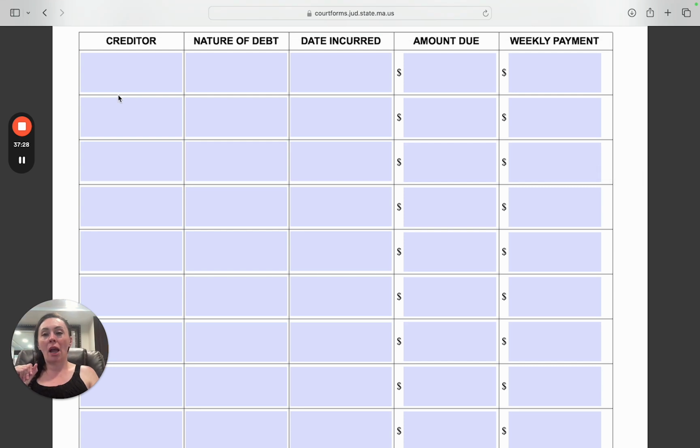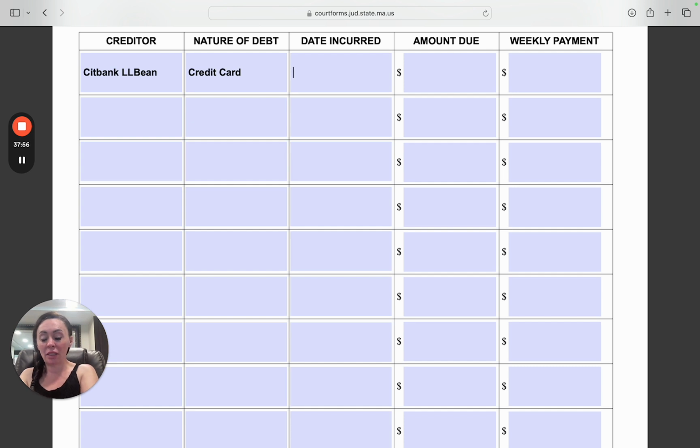So maybe you have a Citibank card, and it's, LLB, right? It's a credit card. Date incurred. I will ask people when they opened the account because that's important.